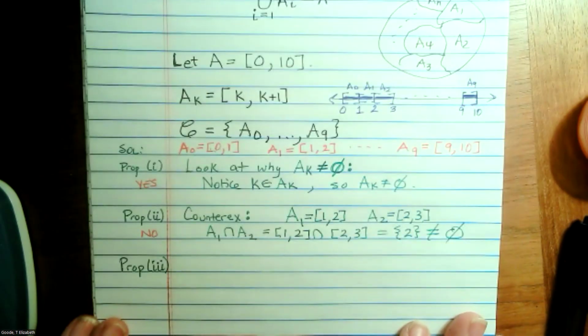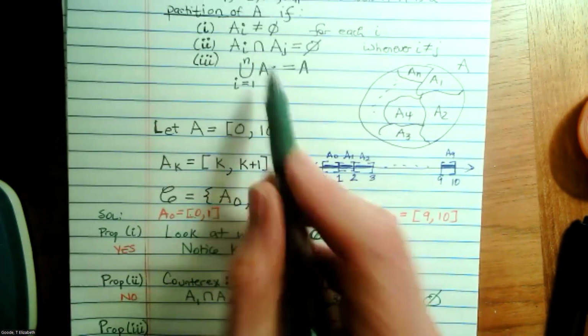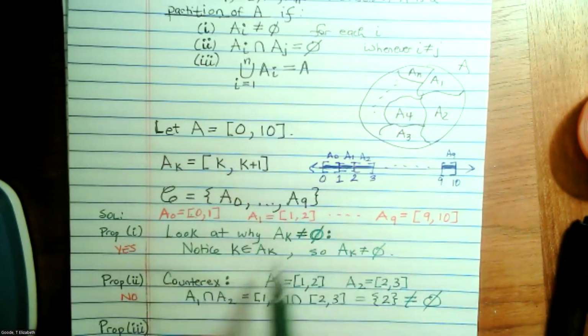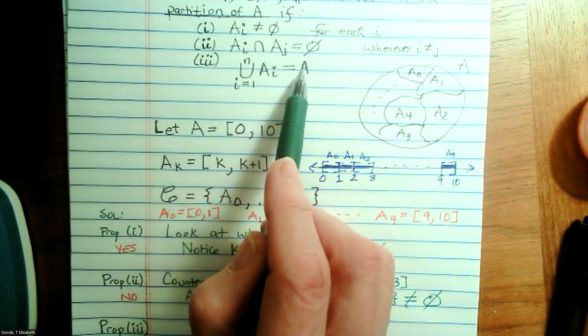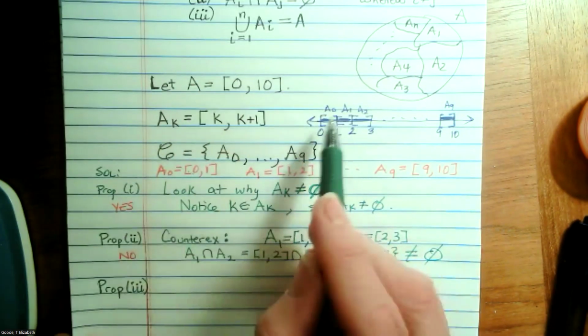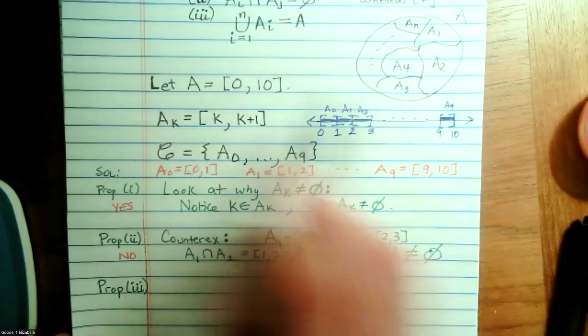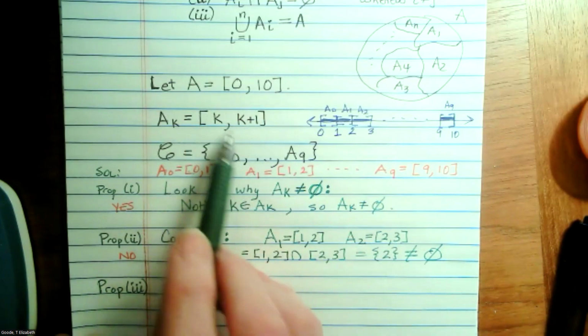Let's take a look at that last property. The last property says if we take the union of all of these subsets in this collection, we should get A back. So let's take a look. A starts at 0 and goes all the way to 10, right? We want to take the union of these.